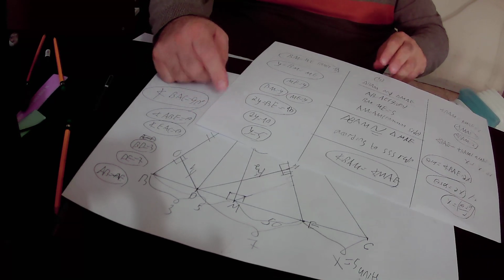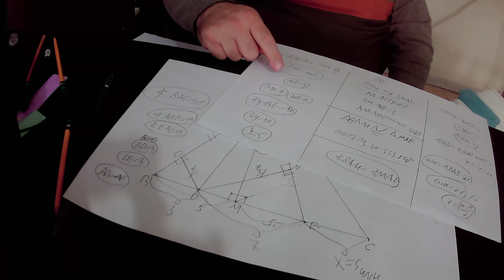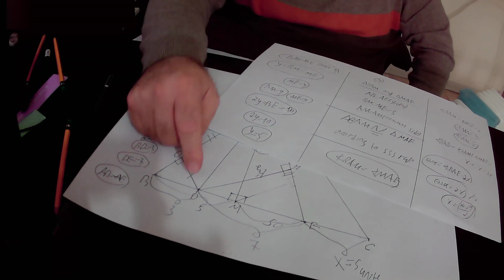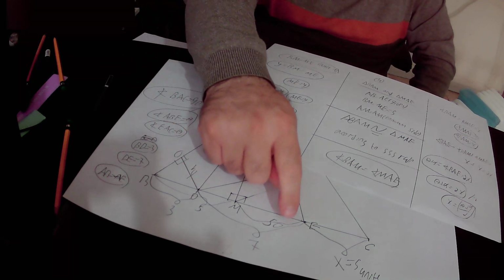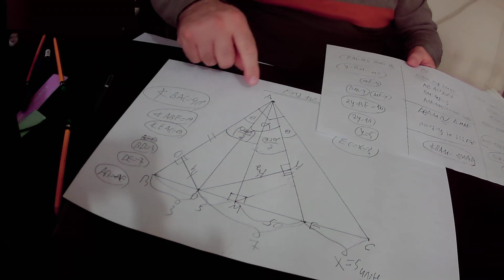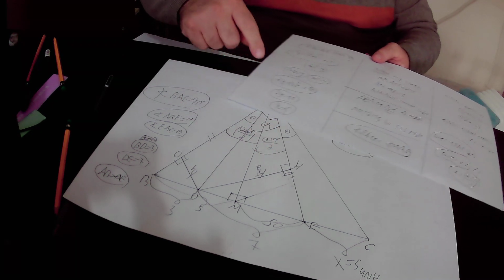So Y, that is equal to ME, is 5 units. And BM, that is also equal to Y, is also 5 units. So we found out that BM equals 5 units and ME also equals 5 units. Then we prove that the right triangle ABM is congruent to the right triangle AME.